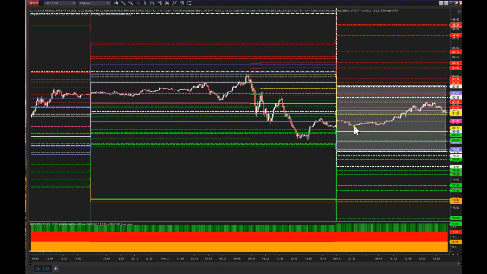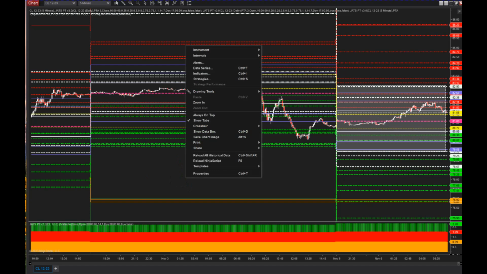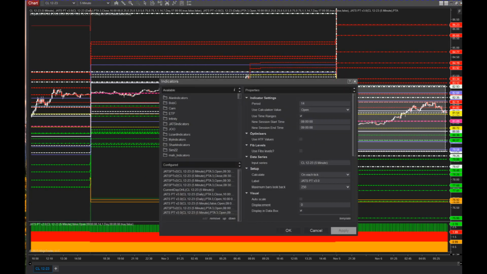So here's your Globex one at 80.55 and your 1 hour IB one. And that calculation is on the close, I believe. Let me go in and add one for the open as well. No, that was for the open. That was for the prior session.